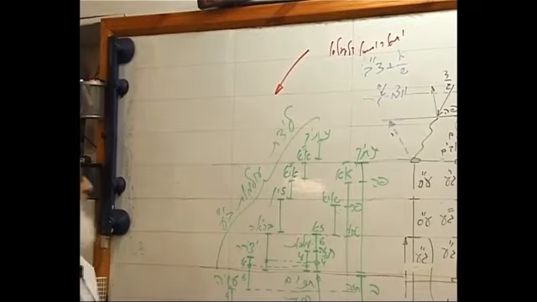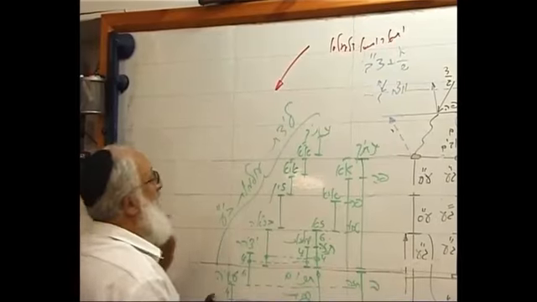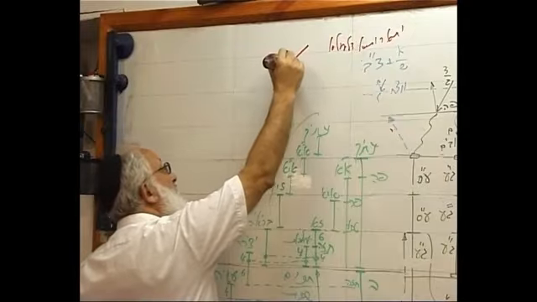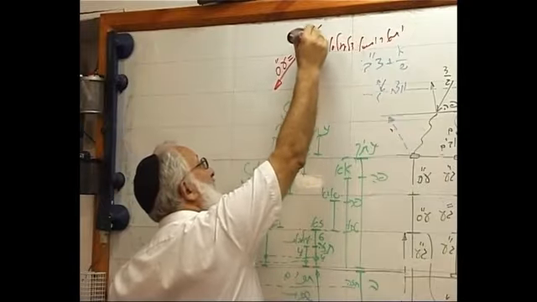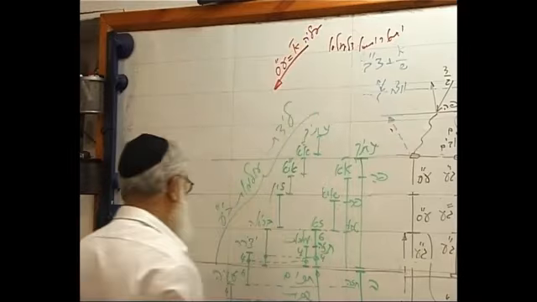And this awakening from above has several manners. One manner that comes and fills all and raises all the worlds to 10 sfirot. That's called the first ascent.